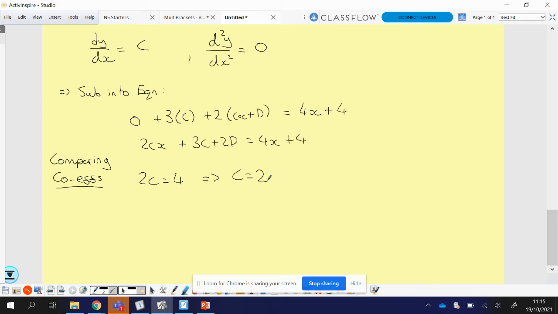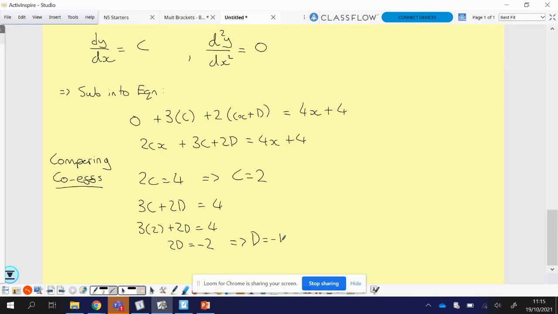Now knowing that, that means that 3c plus 2d has to equal 4. Well we know c is 2, so that's going to be 3 lots of 2 plus 2d equals 4. So therefore 2d has to equal -2, which means that d is -1.